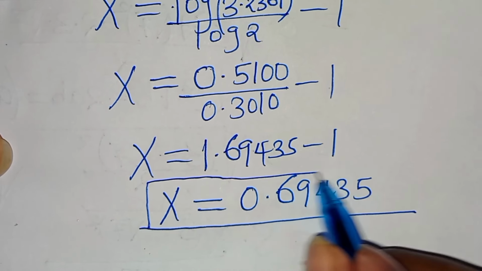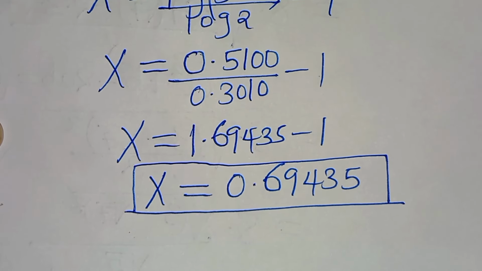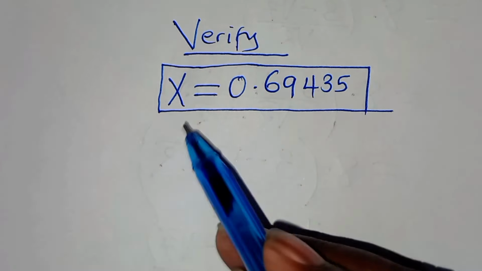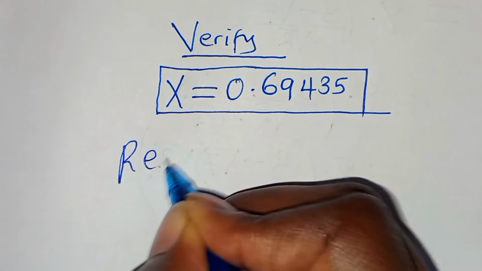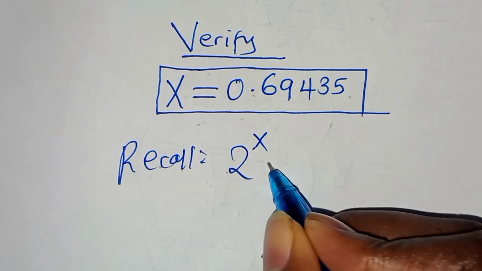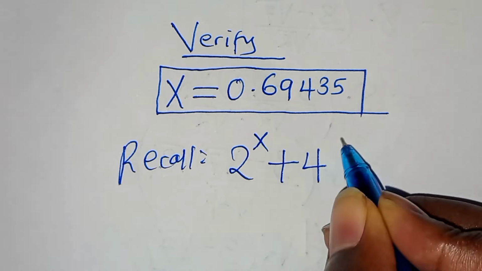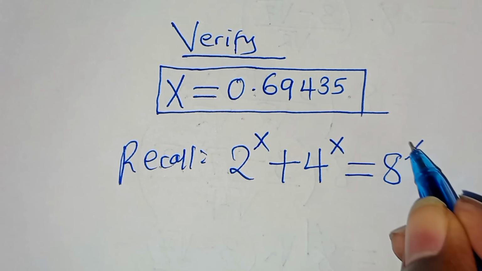The next step from here is to verify that this value of x satisfies the equation. Now if you recall, we have that 2 to the power of x plus 4 to the power of x should give us a value of 8 to the power of x.